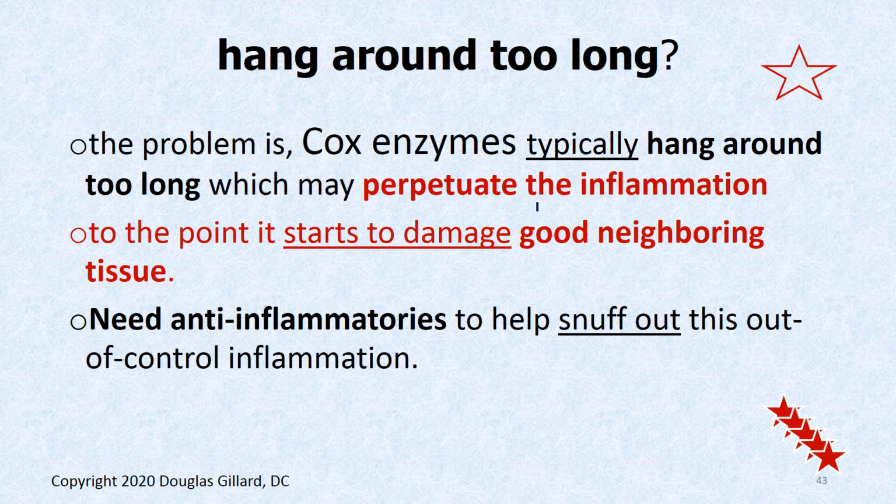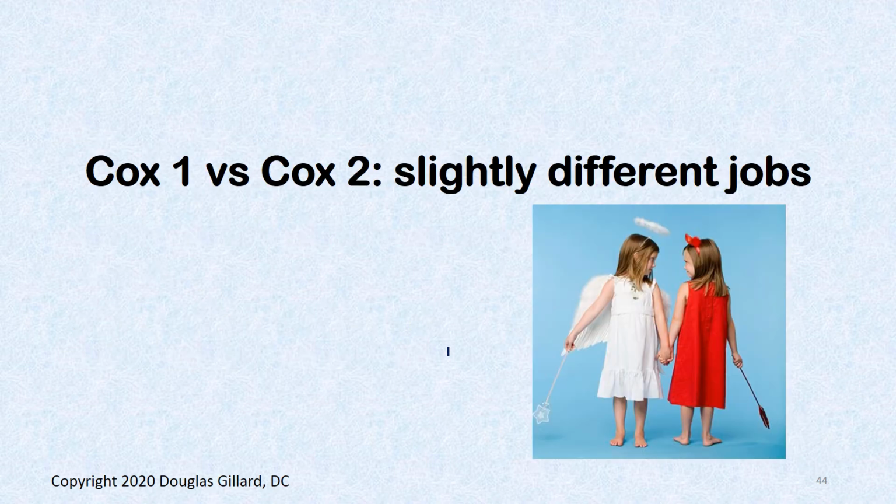It can start damaging good tissue. Therefore, you go to the doc if your chiropractic treatment isn't working, or some multidisciplinary clinics use it in addition to chiropractic care. But you snuff out that inflammation after a certain point.